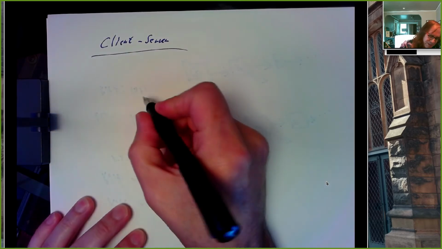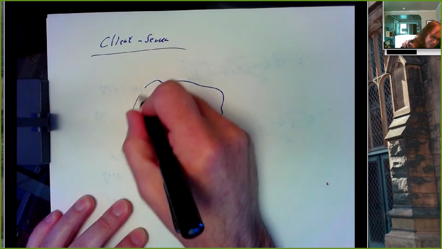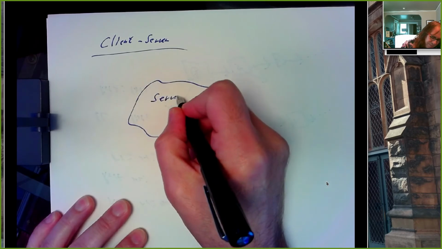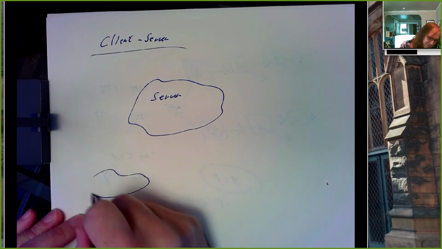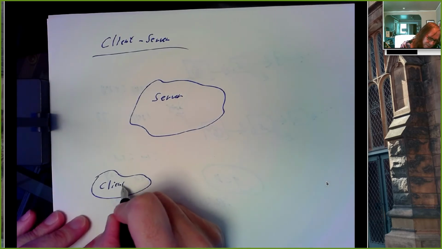Client server model is a general setup for this, and the basic picture looks something like this. You have something called a server. It's a piece of code running, but we think of it as a resource that's usually shared that basically accepts requests from different entities and then does some action based on those requests. And the entities that make requests, those are called clients.